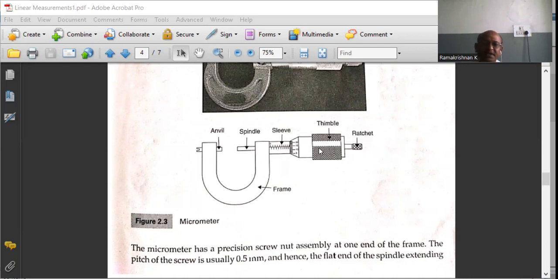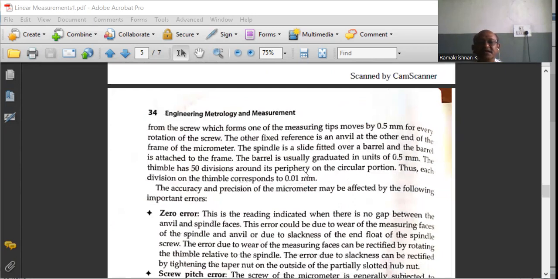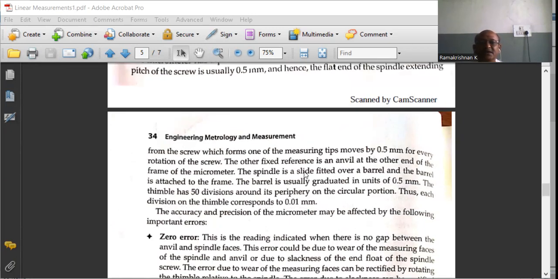Normally, the screw thread inside the thimble has a 0.5 mm pitch. So for one complete revolution, the thimble traverses 0.5 mm, which is equal to the pitch of the screw thread. There are 50 divisions for a complete revolution, which moves the barrel by 0.5 mm.